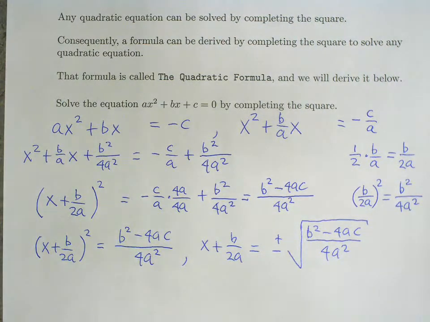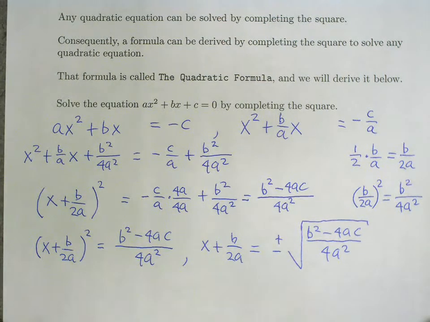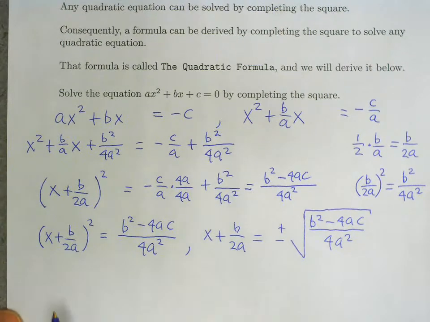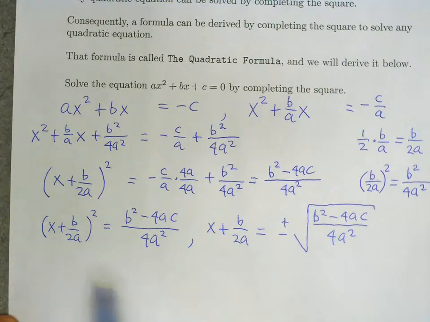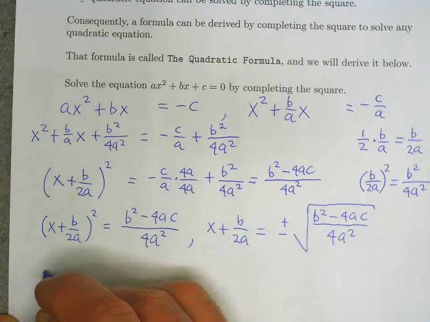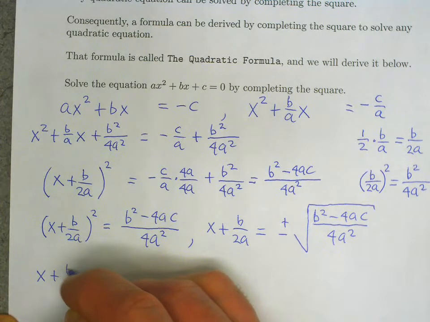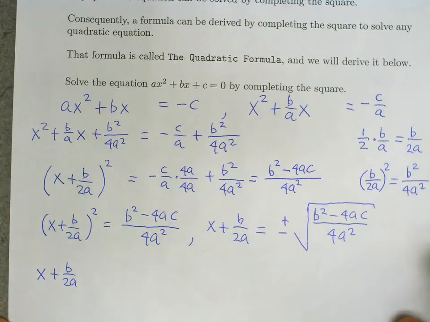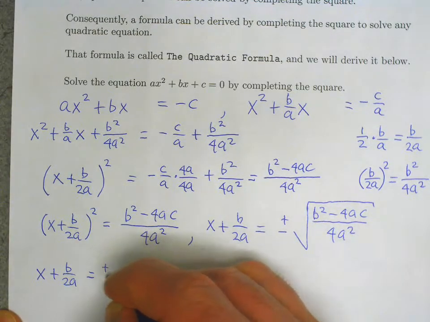Okay, now we're just 2 or 3 steps away from being done with this. Notice inside the square root, the denominator 4a to the second is a perfect square. So when we take the square root of the denominator, we're just going to get 2a. Okay, but I'll write down a little bit of detail. I'll just rewrite the left-hand side for now, x plus b over 2a. And that's equal to positive and negative.